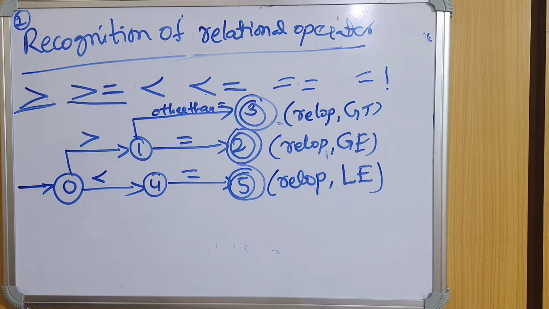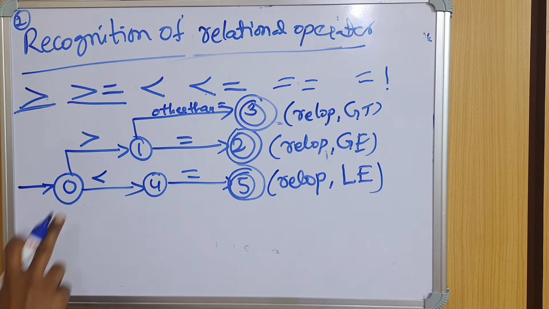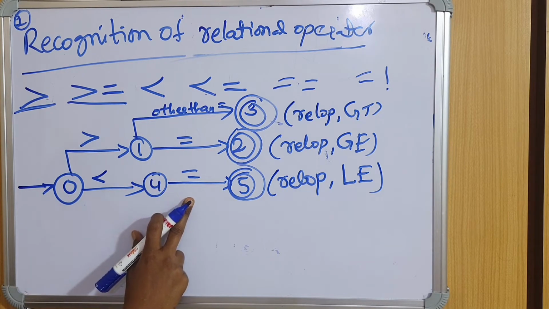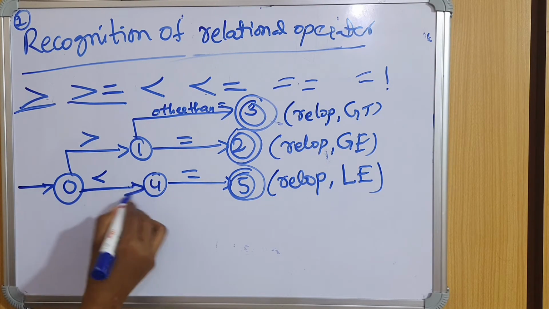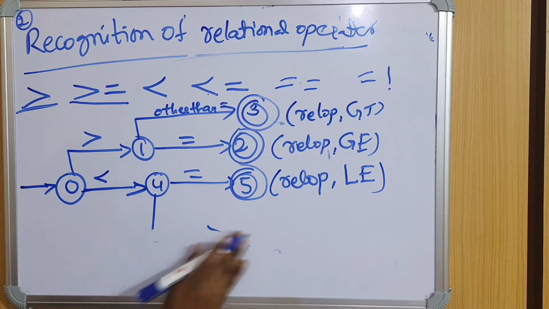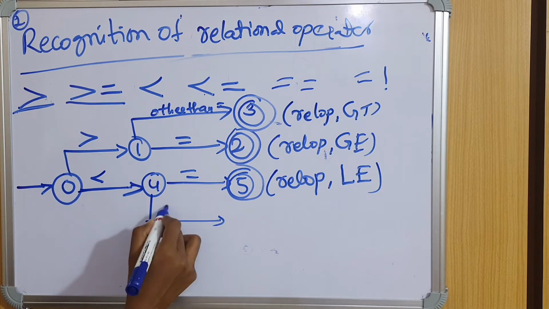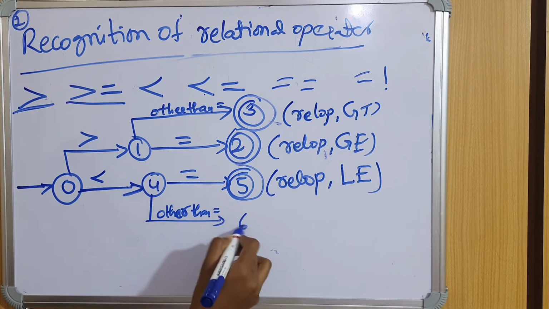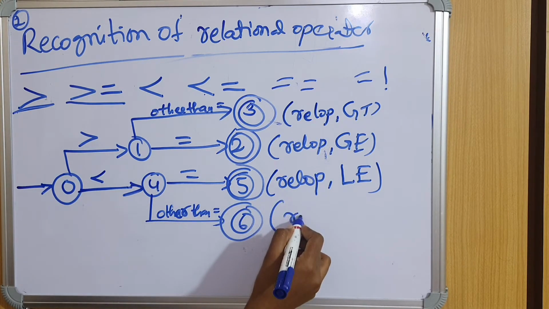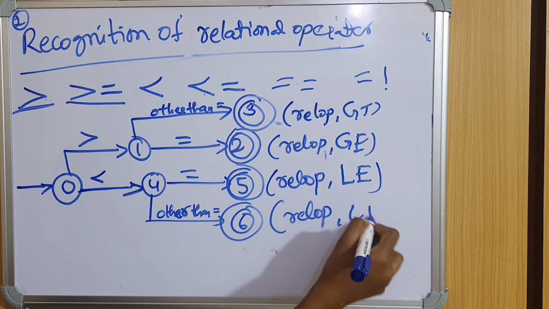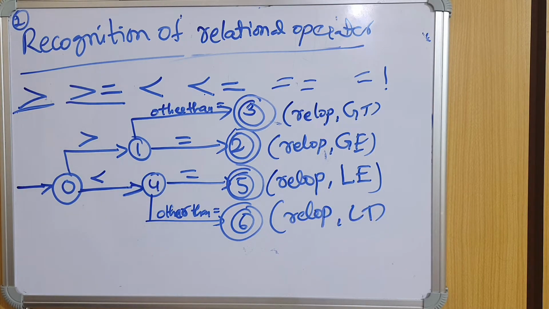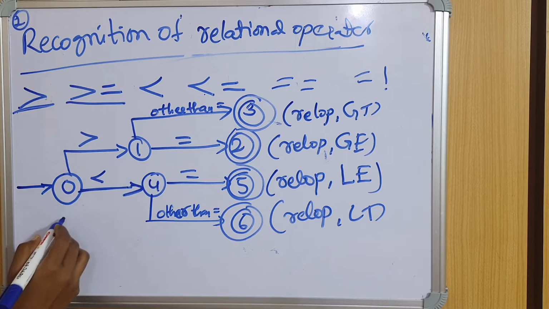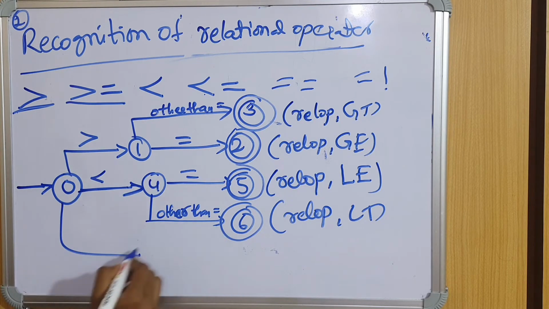And if it is less than, other than equal to, it will move to the sixth state, that is relational operator less than. And more, equal to.